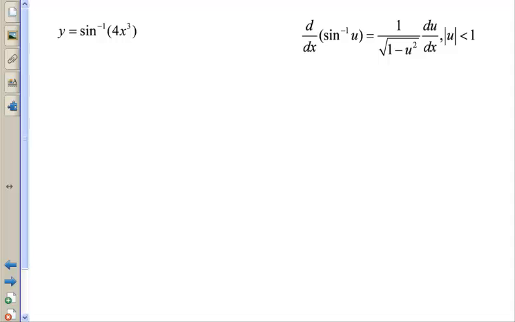Okay, so here's another problem that we can look at, and it's taking the derivative of the arc sine of 4x cubed. So in this case, we're going to let u equal 4x cubed. So du dx is 12x squared.